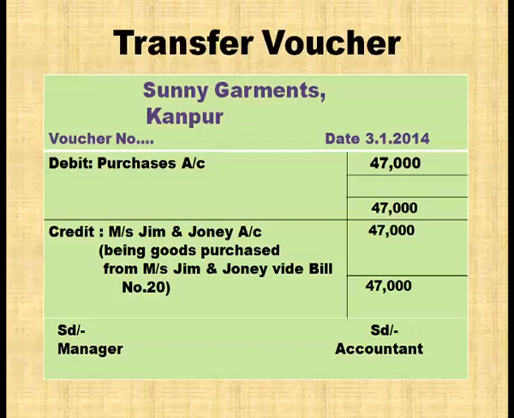Amount in the amount column, 47,000 rupees, that is goods are purchased worth rupees 47,000 on credit from Jim and Johnny. After this, narration will be written within the brackets and in the next line, it will be signed by the accountant and countersigned by the authorized person, usually the manager.